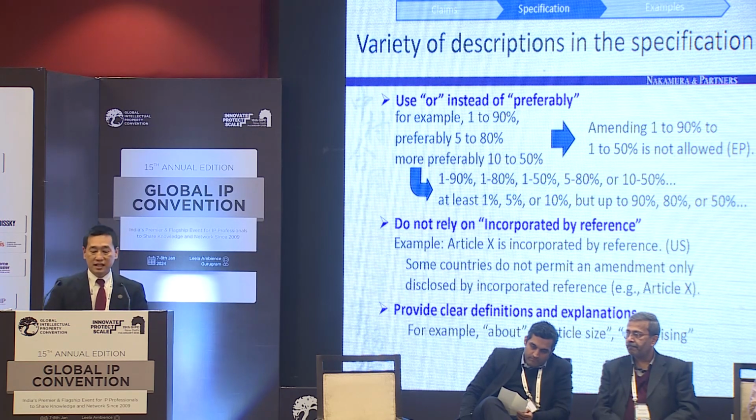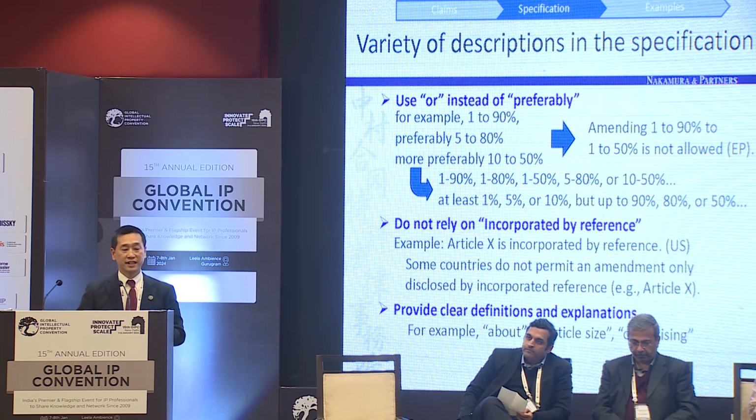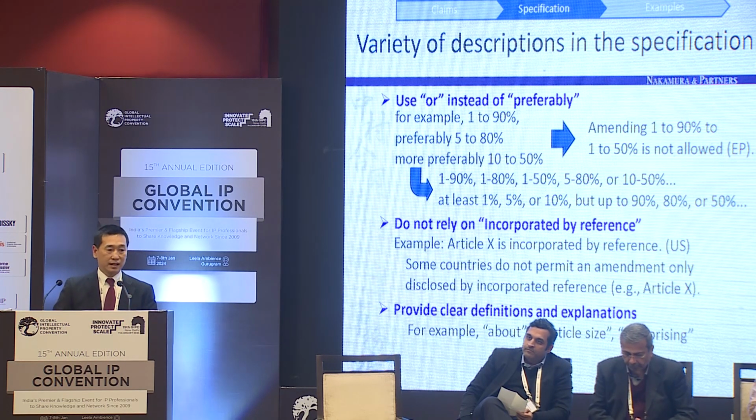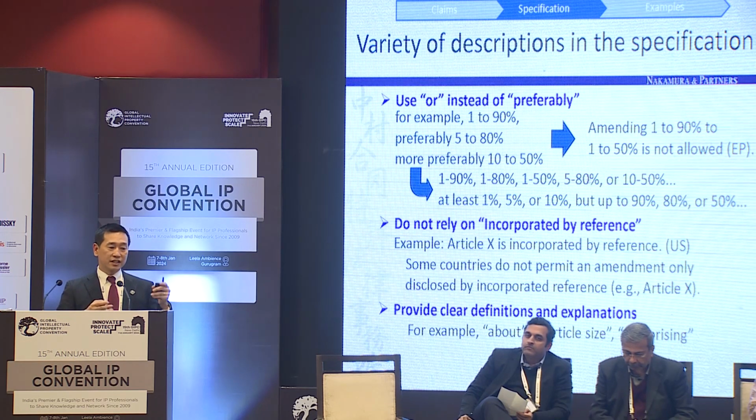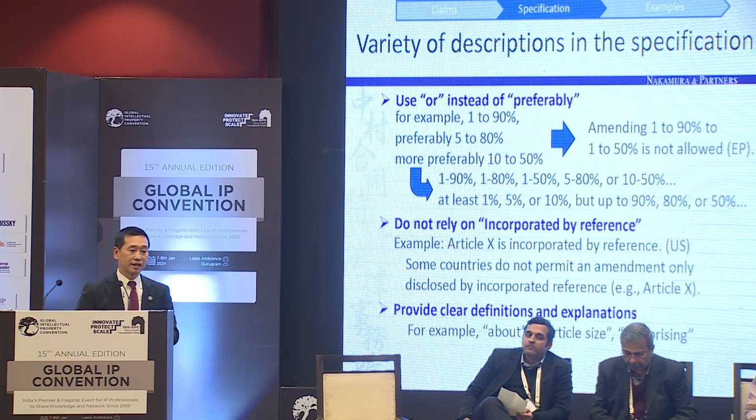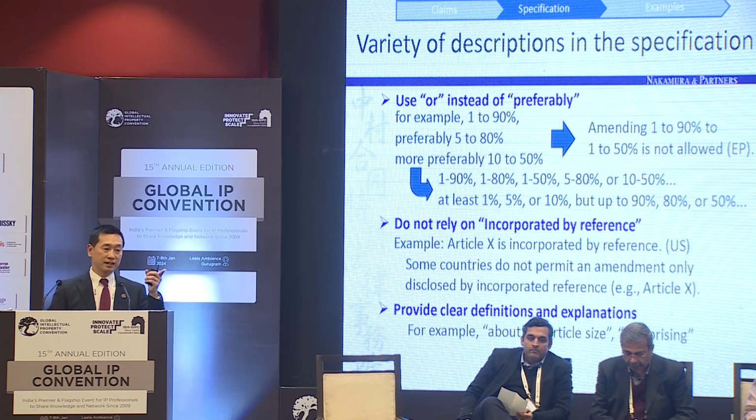So second, the specification. You should have a variety of description in the specification. First one is the use of the term "or" instead of "preferably." Sometimes we see in the specification, for example, 1 to 90%, preferably 5 to 80%, more preferably such and such.